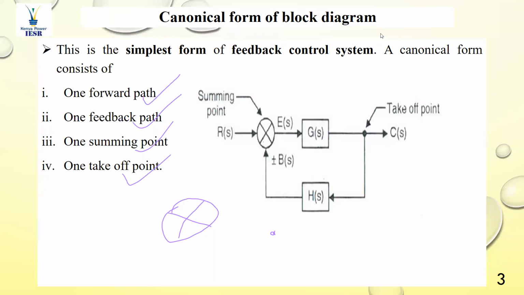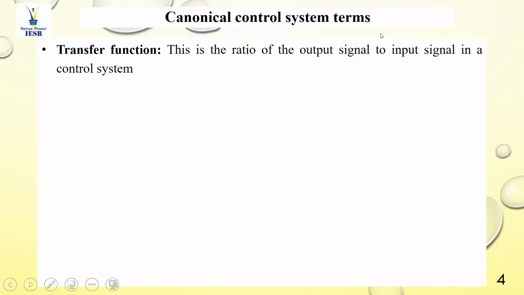So moving on to the next. We have the transfer function, which was our discussion today in our class. So how do we represent transfer functions of different diagrams? How do we find transfer functions of different control systems?